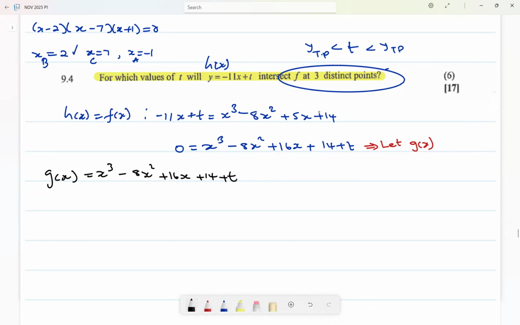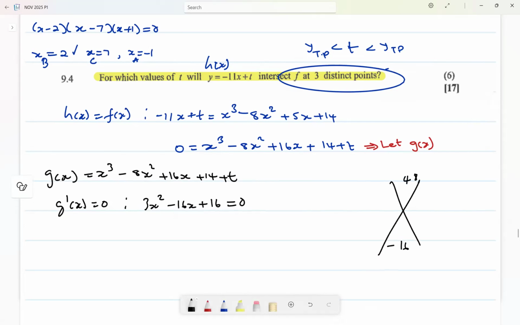Now, how can I find the turning point? I know the derivative of this should be equal to 0. So I'm going to have 3x squared minus 16x plus 16 equal to 0. Remember, these are the constants. And then 3 multiplied by 16, which is 48, and then we need factors 12 and 4.